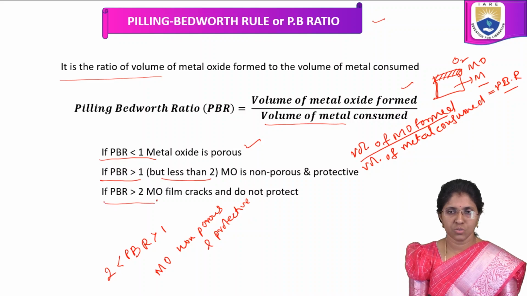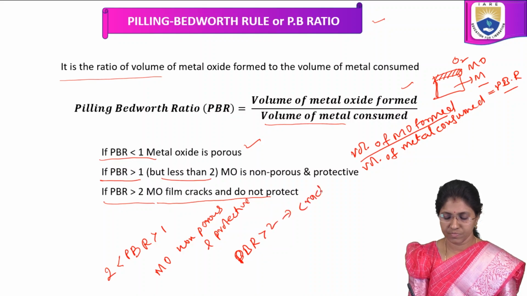If the PB ratio is greater than 2, the metal oxide film has cracks and does not protect; it acts as a non-protective layer.